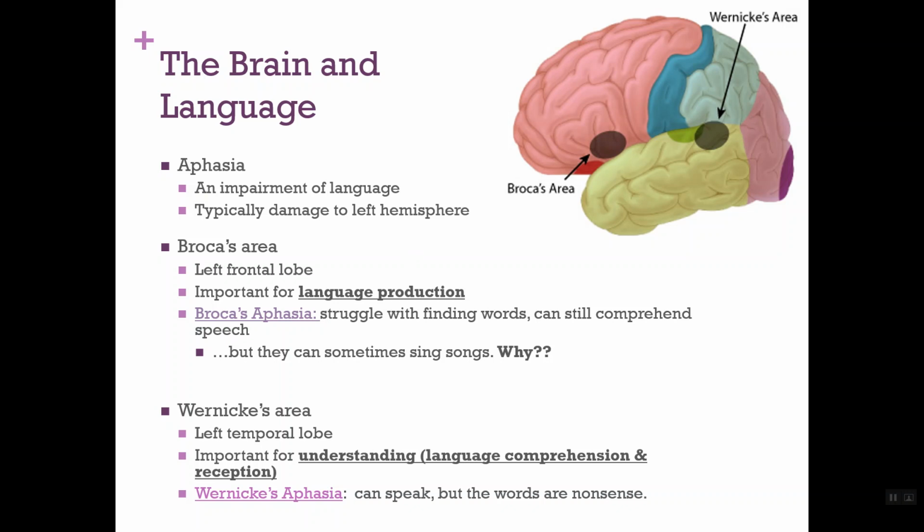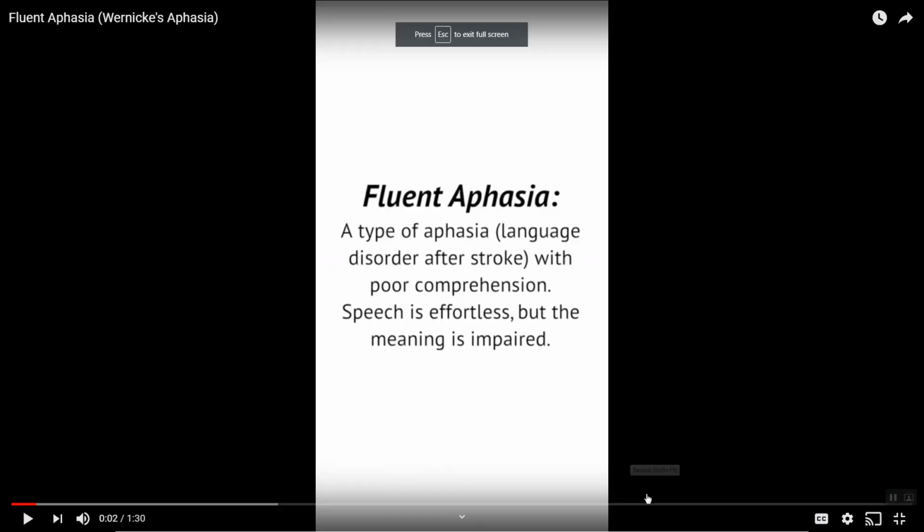You might not recognize that it makes no sense, but it makes no sense to the person hearing it. Whereas Broca's aphasia has to do with language production, getting the speech out. So let's watch a quick video on Wernicke's aphasia.